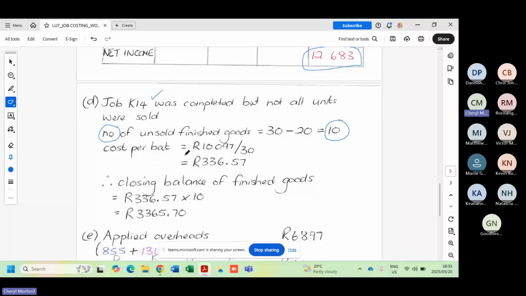Common sense, I think, would tell you we need to go now and find the cost per bat. When we've got the cost per bat, then we're just going to multiply the cost per bat times 10, and we're going to get that. But all that remains is now, how did I get 336 Rand 57 as the cost per bat?